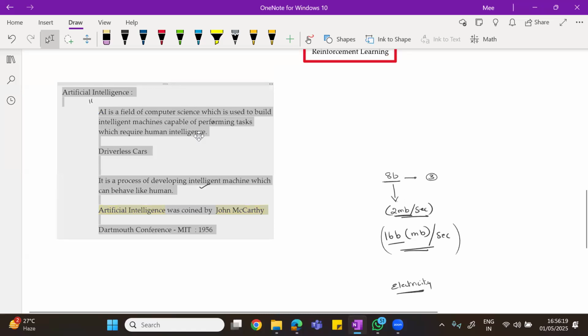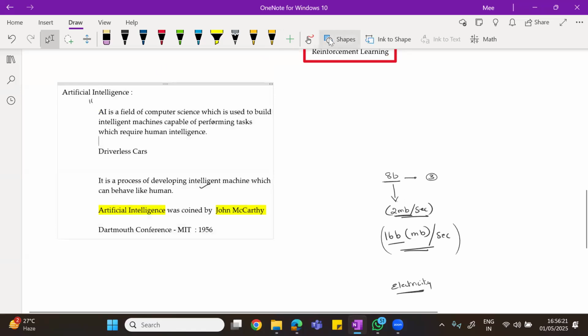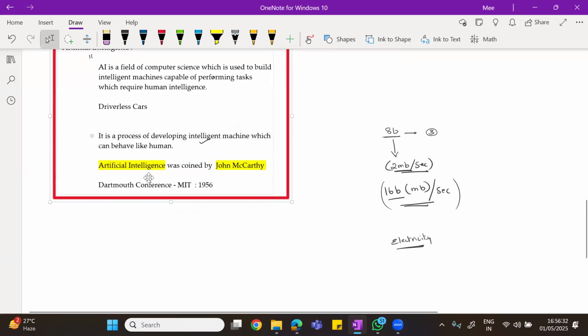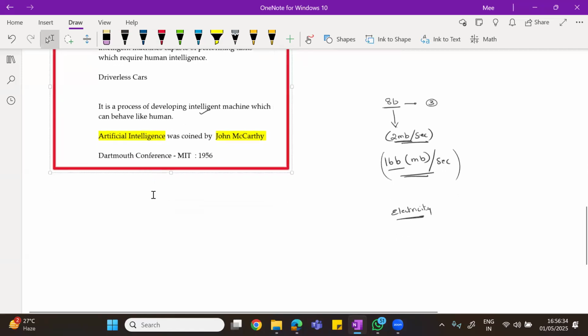This convinced so many people, and they started investing in AI right at that time. Now, again, when he came down, he explained the complete concept. What is AI?